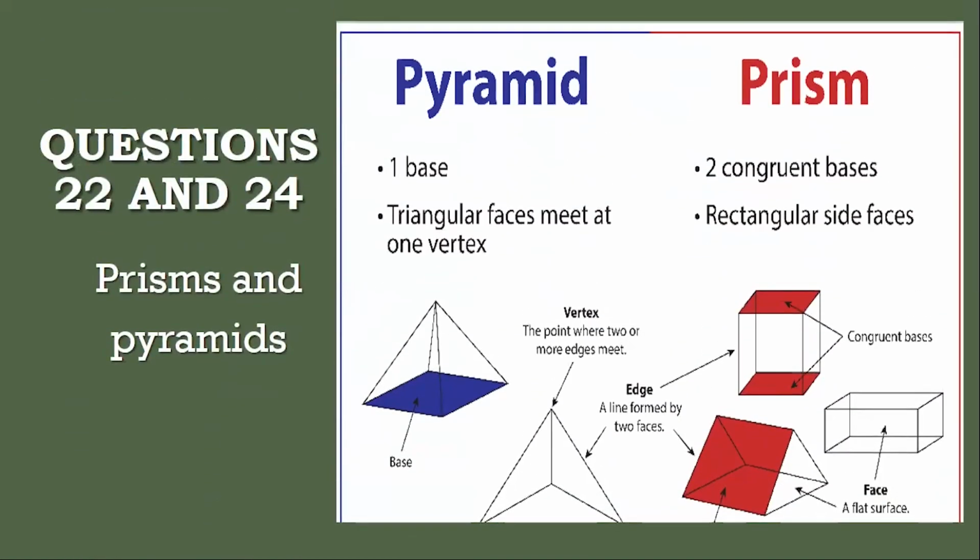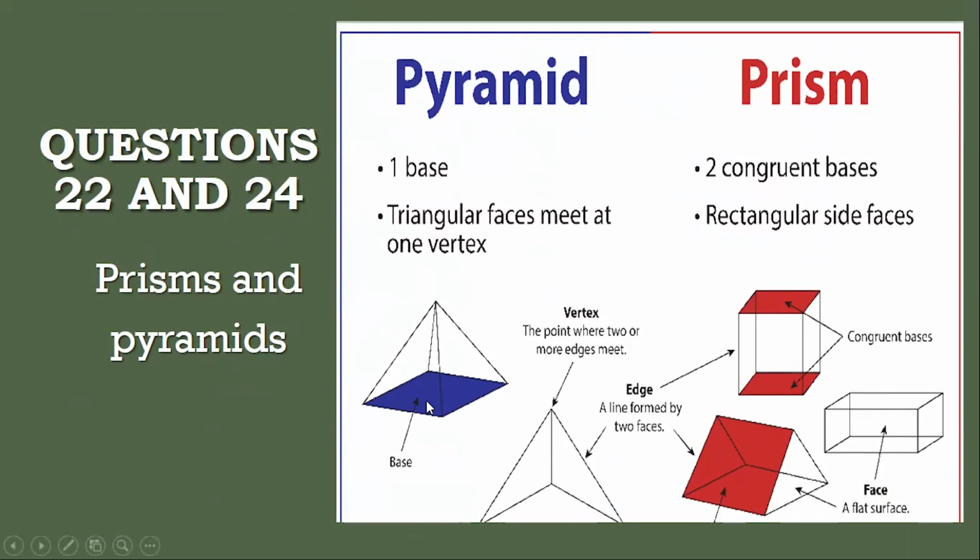Questions 24 and 22 are related, and they are about prisms and pyramids. I want you, at the beginning of your mathematics training, to realize what the difference is.